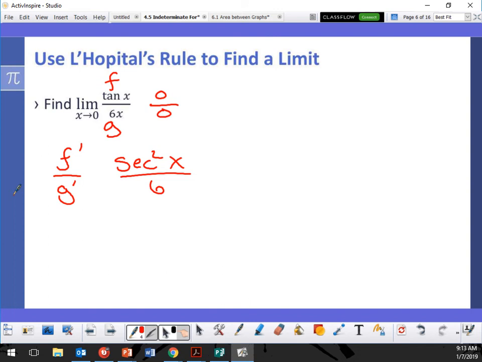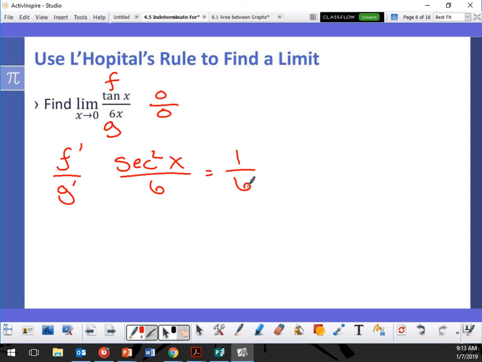But we said it's 1 over cosine squared, right? So it's going to be 1 over 1 squared. 1 squared is just 1, so 1 over 1 is 1. So we get 1 over 6 as my answer.